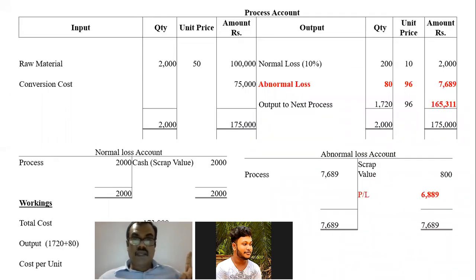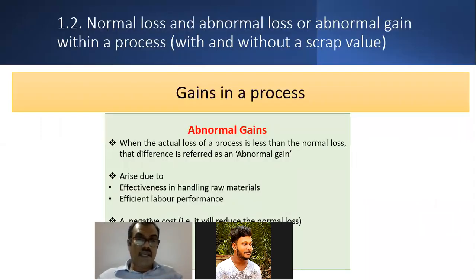You see, even here 175, we divided that minus this by the expected number of units, that is 1800. This 7689 is an imputed amount. It was not deducted from the total cost. It was simply the allocation of the total cost. So therefore the same principle is applied here.